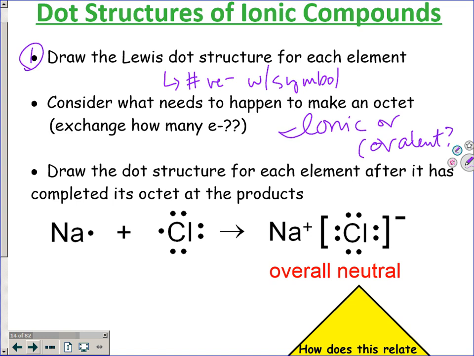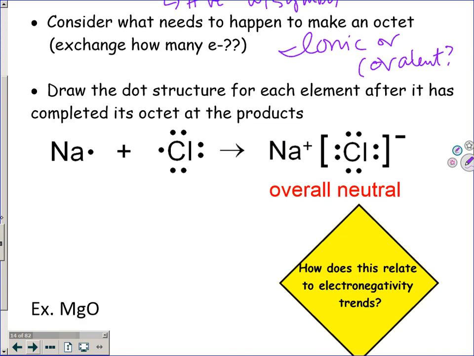So here's your first example. I've drawn sodium with how many electrons? One. One valence electron. I've drawn chlorine, and I'm adding these together. Okay, I've drawn chlorine with how many? 7 valence electrons. So we have a vastly different number of valence electrons between the two of them. And, like you guys already mentioned, you have a metal and a non-metal.